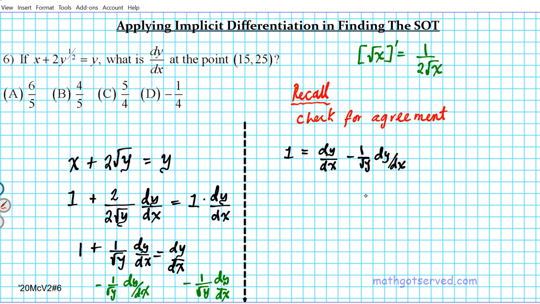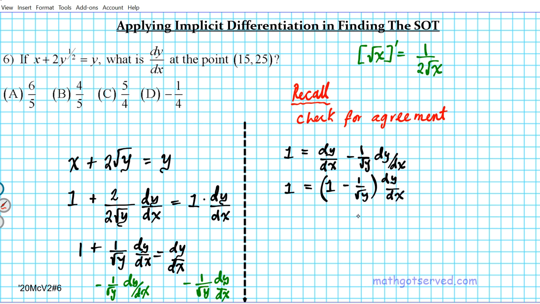Now we're going to factor out dy dx from the right side of the equation so we can isolate it. If we carry out the factorization, we'll have 1 equals 1 minus 1 over root y times the quantity dy dx.